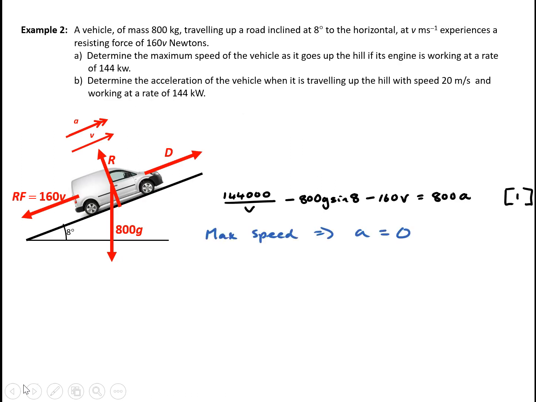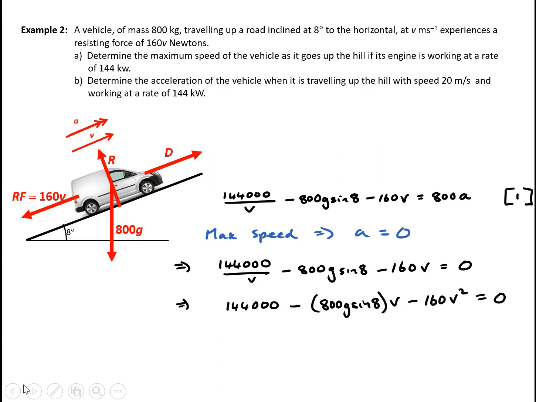If the car is going at its maximum speed up the slope, that tells me that the acceleration is 0. So I've got the equation 144,000 over v minus 800g sine 8 minus 160v equals 0. Multiplying up by v gives me 144,000 minus 800g sine 8 times v minus 160v squared equals 0. So we've got a quadratic equation for v.